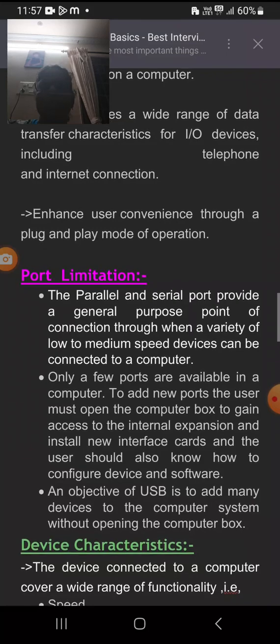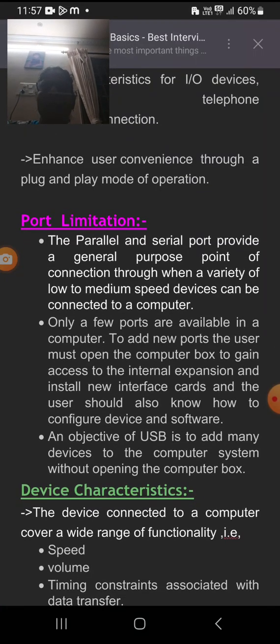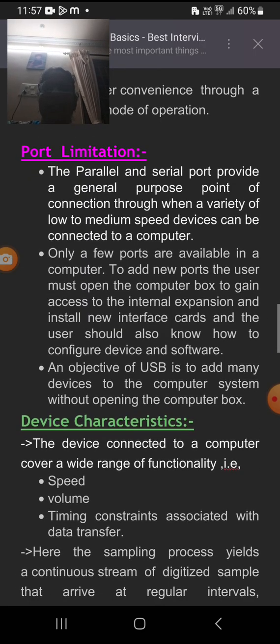Consider the port limitations. The parallel and serial ports provide a general purpose point of connection through which a variety of low and medium speed devices can be connected to a computer. Only a few ports are available in a computer. To add new ports, the user has to open the computer box to gain access to the internal expansion slots and install new interface cards, and the user should also know how to configure the device and systems software.